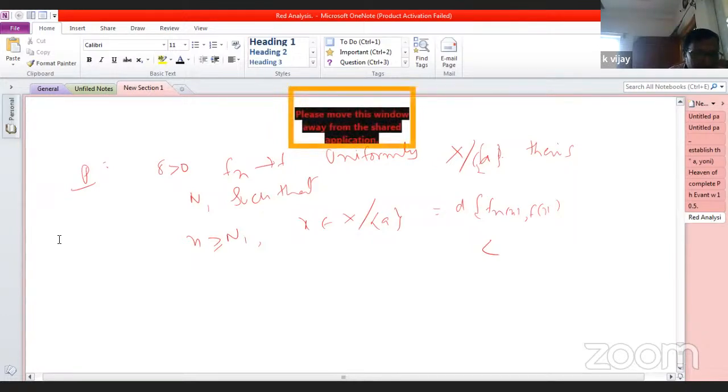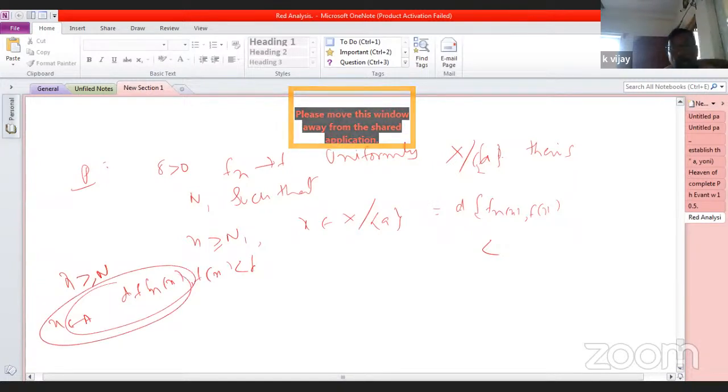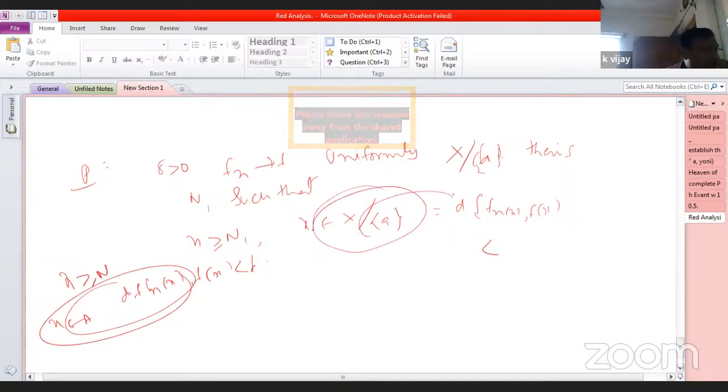Where I am writing the condition here, n greater than n1, x belongs to x minus a, d of f of n of x, f of x is less than delta. Where the condition is x belongs to x minus a. Why are we taking this condition here, x belongs to x minus a? Am I correct?